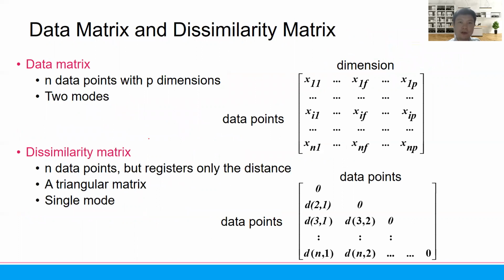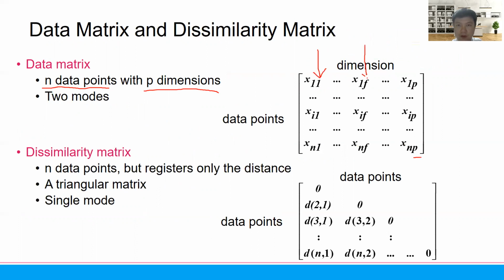In the case of matrices, we are using the data matrix and the dissimilarity matrix. The data matrix contains n data points with p dimensions. The p means the columns.